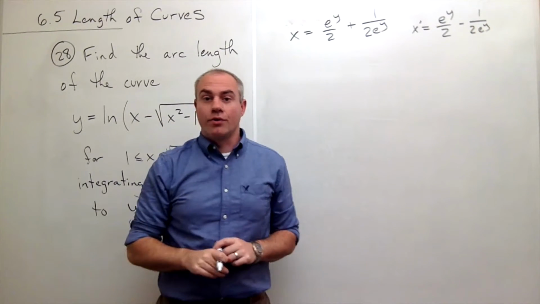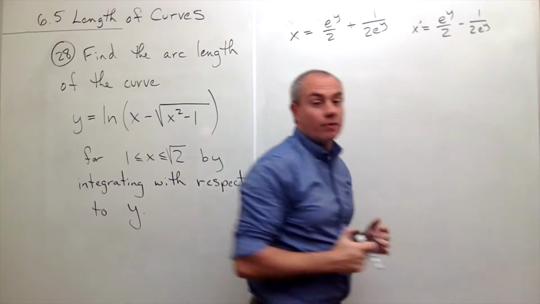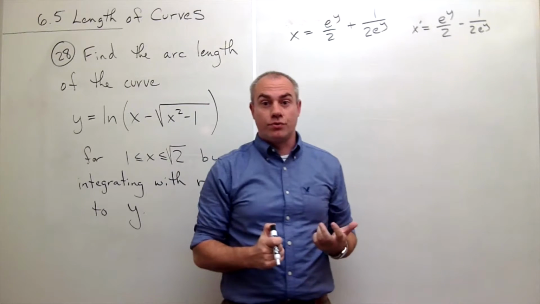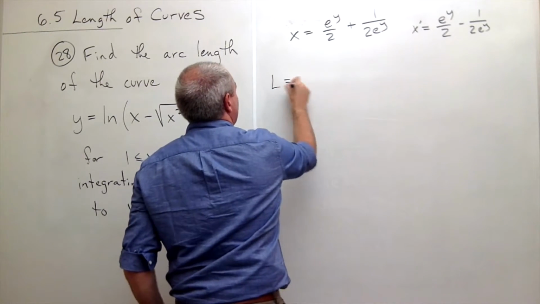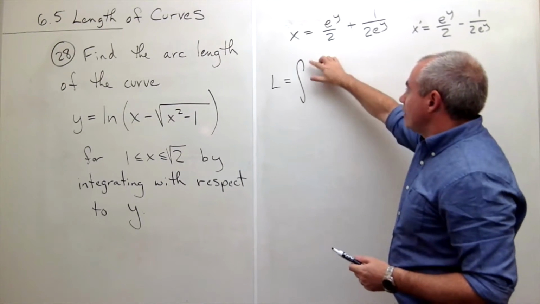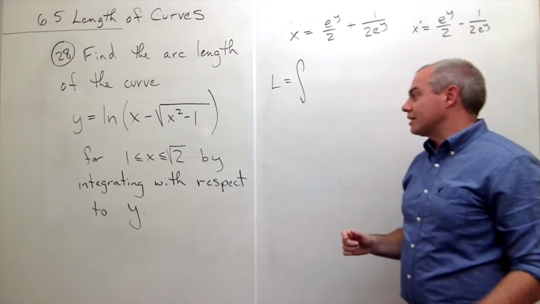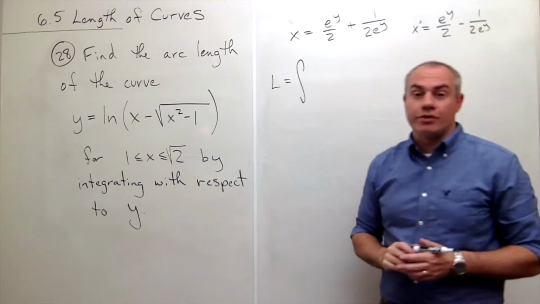Okay, so this is my derivative function, and now I'm ready to start plugging into my arc length formula. So for the arc length formula, I get an integral from some value to some value, and it's tempting at this point to write in 1 to the square root of 2.